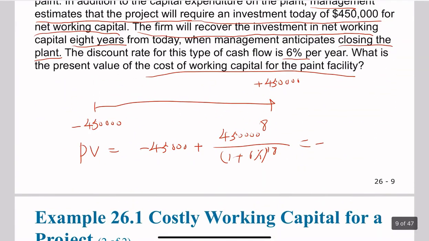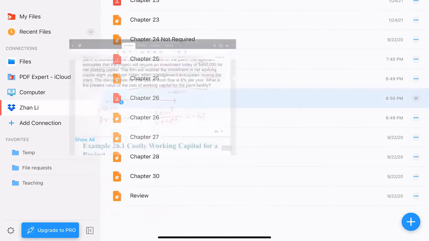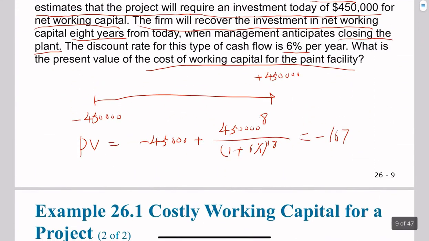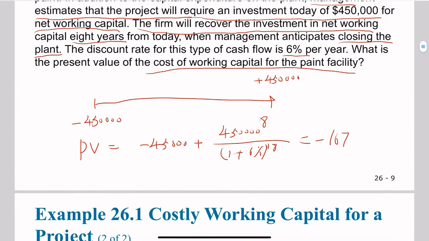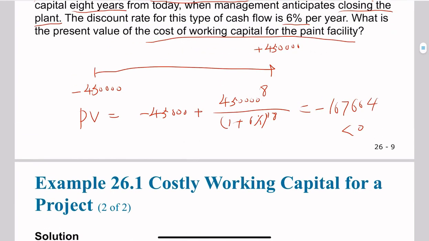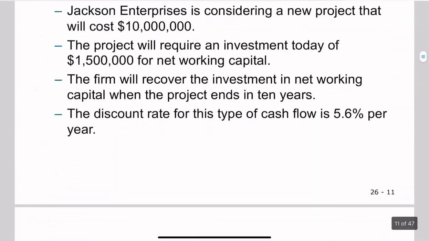So it's minus 167,664. Right? So this is the cost if you invest in this net working capital.